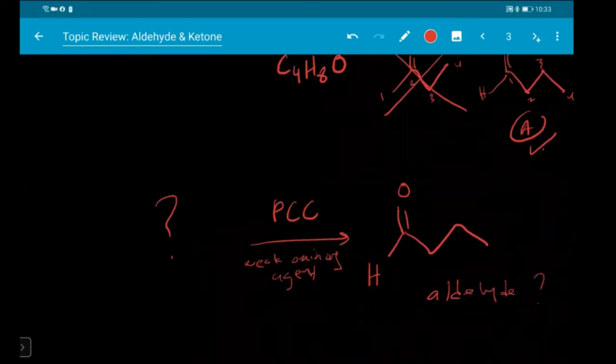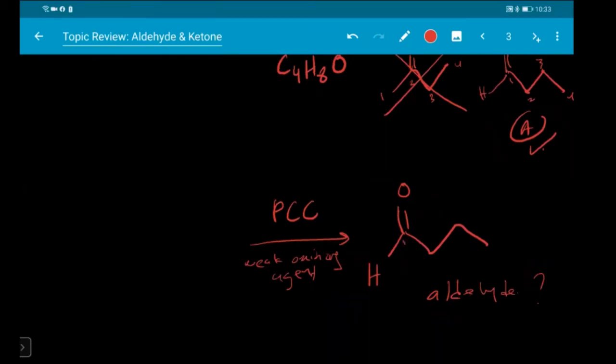Okay, alcohol. What kind of alcohol? Primary, secondary, tertiary? Okay, terima kasih. Alright, kena ada alkohol kan? Bermaksud kena ada OH. Right?